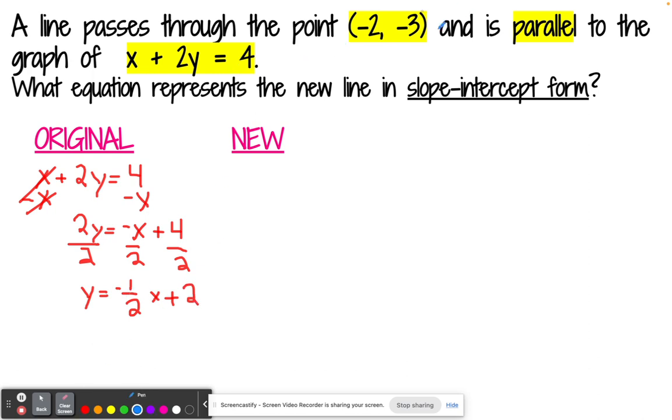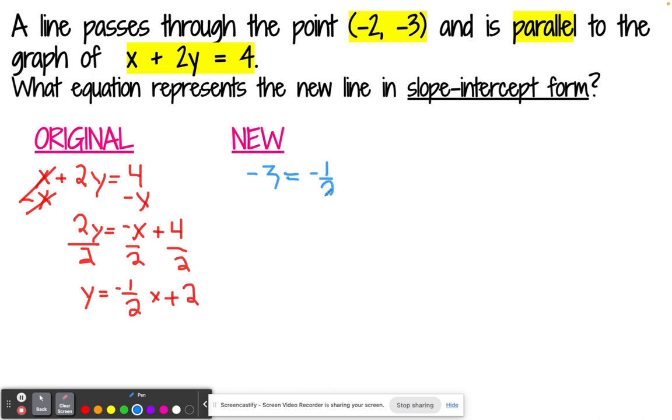Again, I can use my point slope form, or I could use slope intercept form. I did point slope form last time, so I'll use slope intercept form because why not? I'm going to substitute negative 3 for y. My slope is negative 1/2.